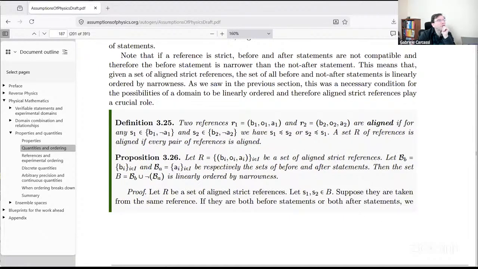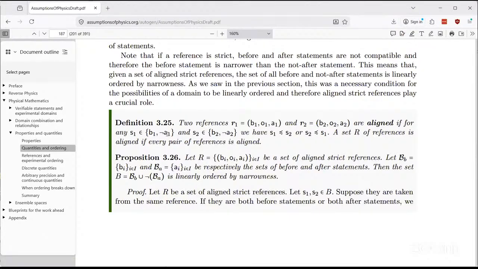Right, so you would have a before one and then not after one. If they are strict, these are automatically ordered by narrowness. So this is going to be narrower than this, because if it's before, it's not after. So it's always on the same reference.